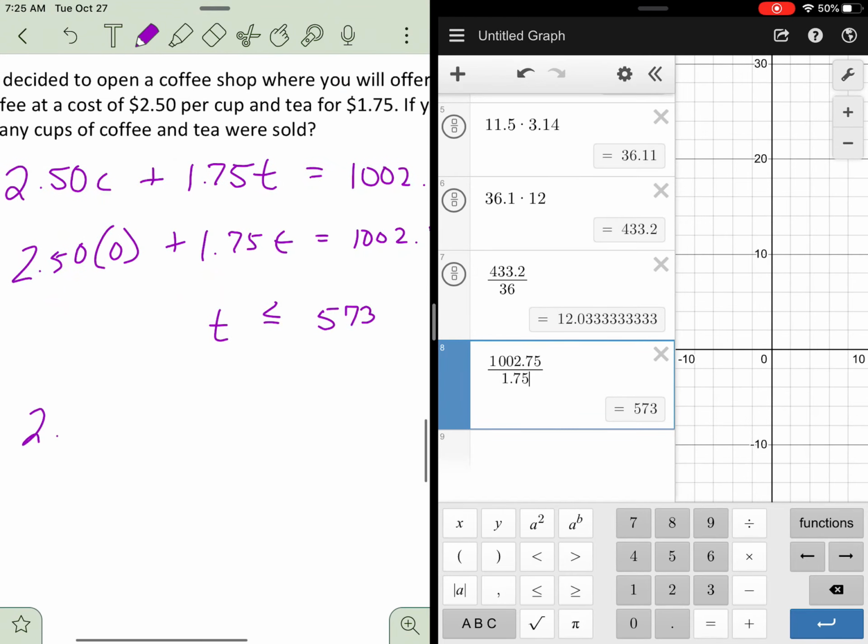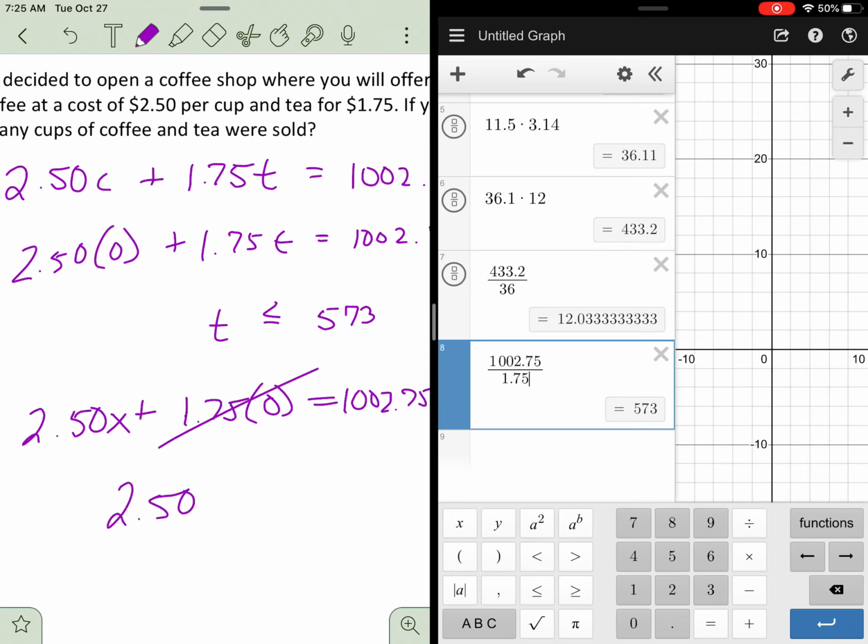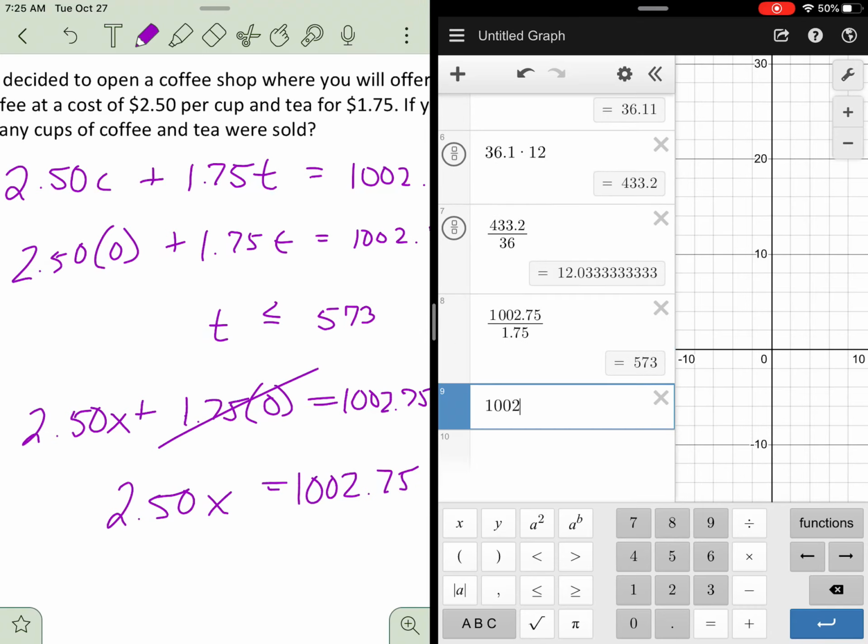All right, let's do it the other way for coffee. Plug in a 0. Okay, so this would cancel out. 2.50x equals 1,002.75. Divide by 2.50.